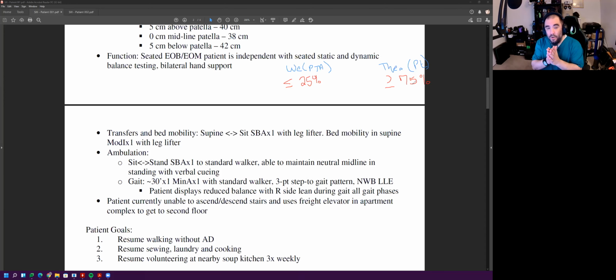So when reading your board questions, you have to check whether they're talking about how much work you're doing or how much work they are doing, and then translate it. They're very tricky about that. So that's min assist.